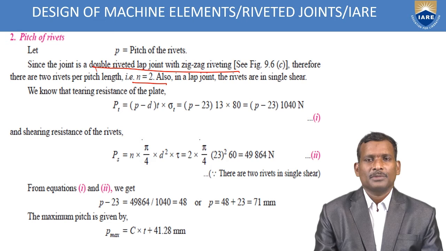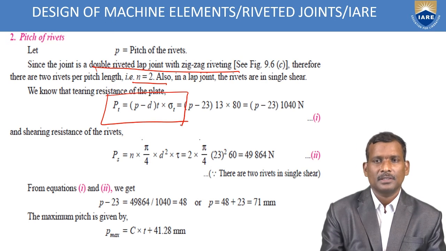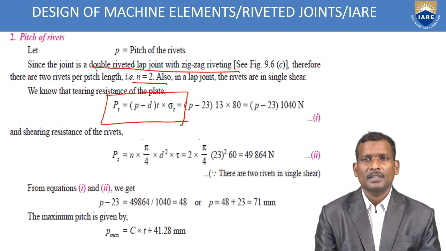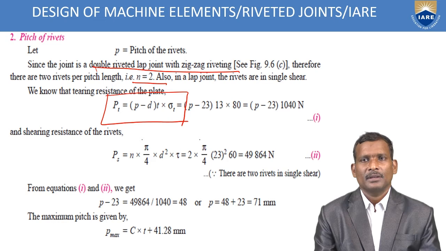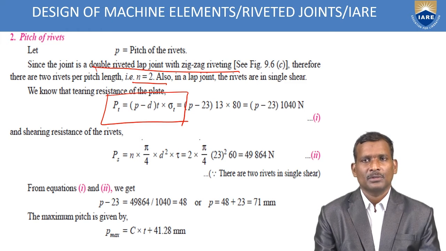The tearing resistance of the plate you can calculate by using this empirical relation: P minus D into T, which is the tearing area across the rivets, multiplied with sigma T. Here the pitch value we don't know, and the tearing resistance value also we don't know.